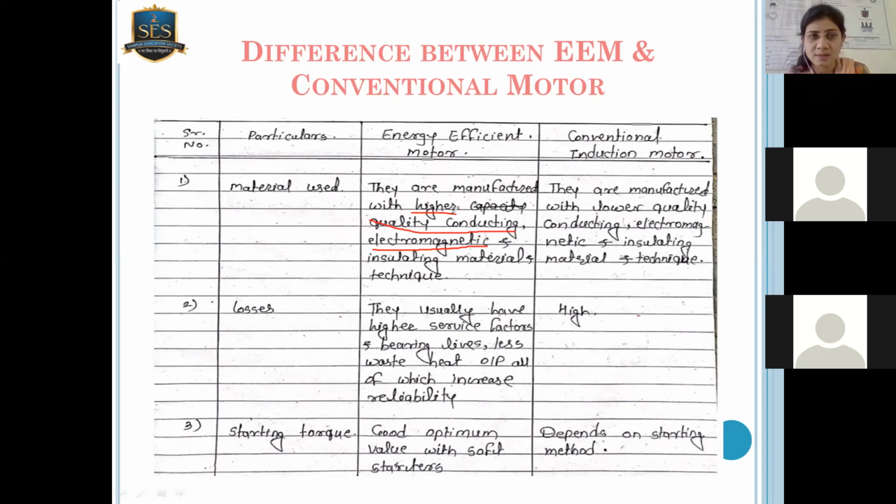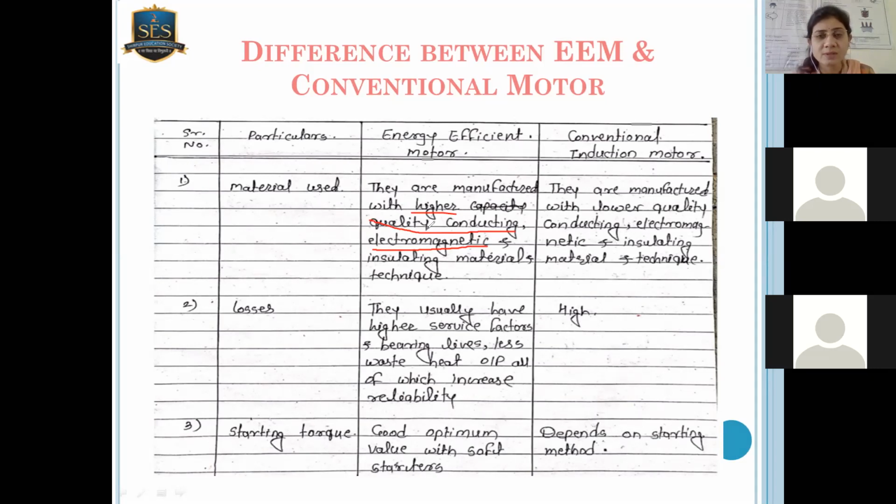So the material used for the manufacturing of energy efficient motor must include qualities like high conductivity, the best electromagnetic properties, as well as high insulating properties. All these properties should be included in that material.